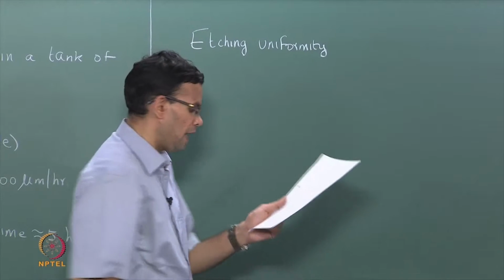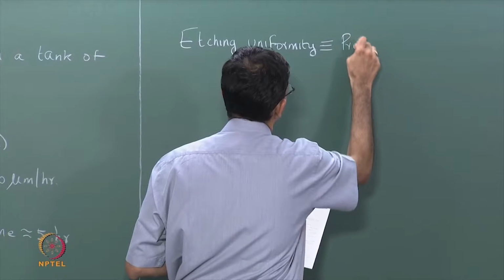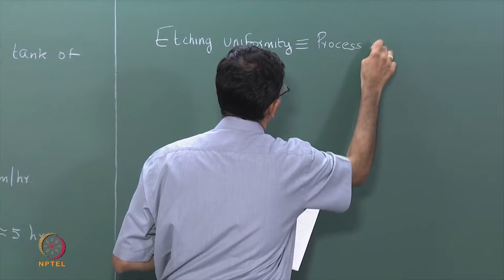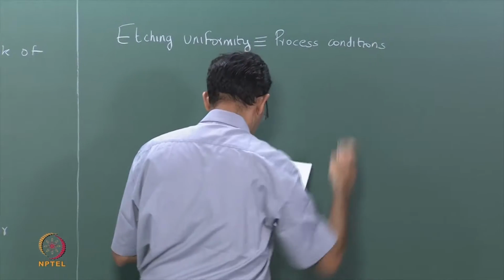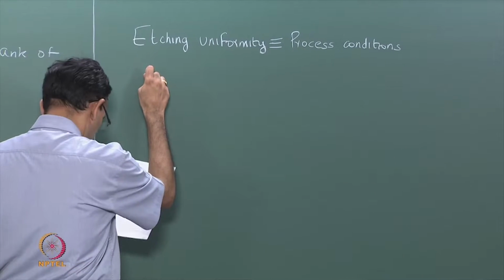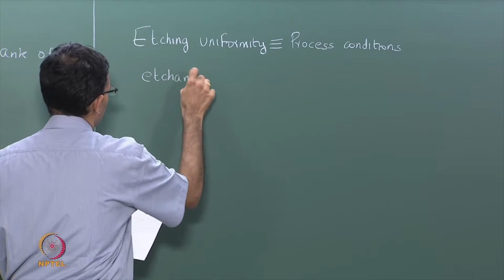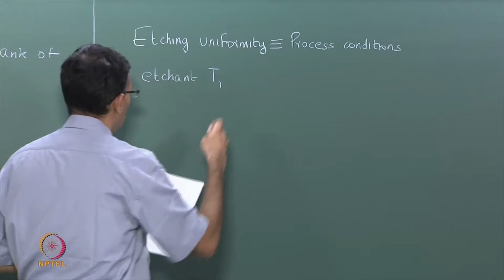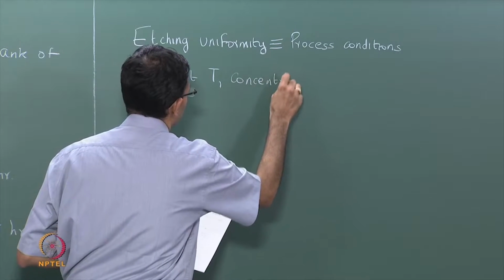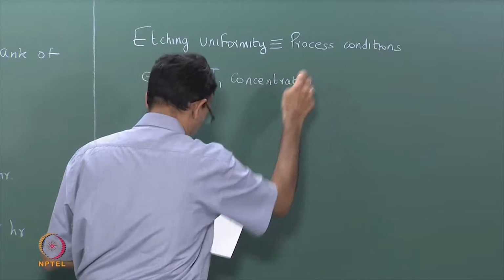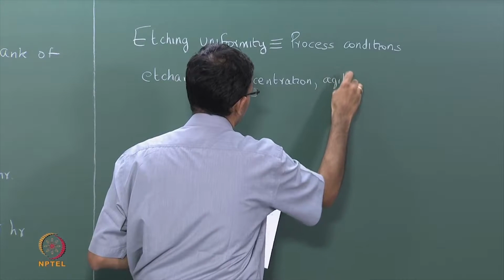Etching uniformity matters, and this depends upon the process conditions. The typical process conditions are the etchant temperature, the concentration, and you can also have some sort of external agitation.